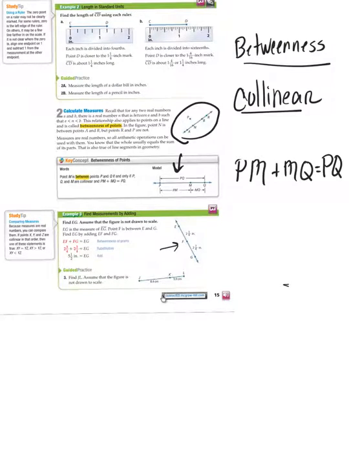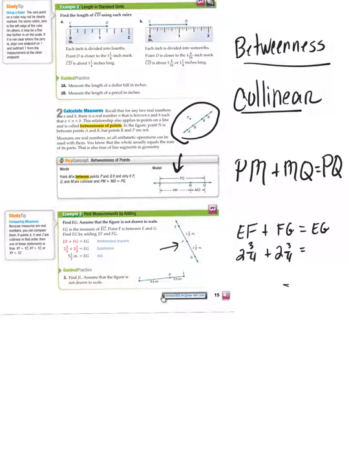F is on the same line with E and G. So since it is, to show betweenness, I have to show that from E to F, which is 2 3/4, plus from F to G, which is 2 3/4, has to equal the entire distance from E to G. Okay, and I'll leave the arithmetic for us to think about.